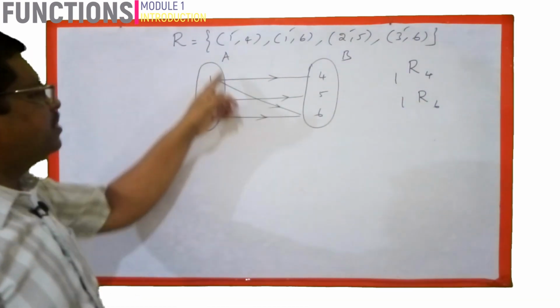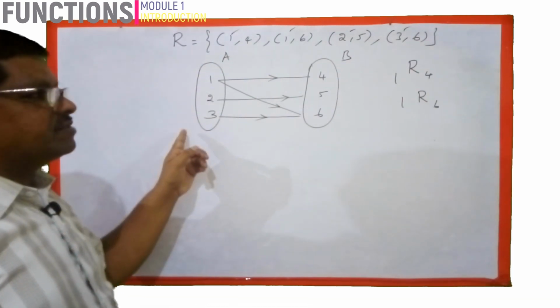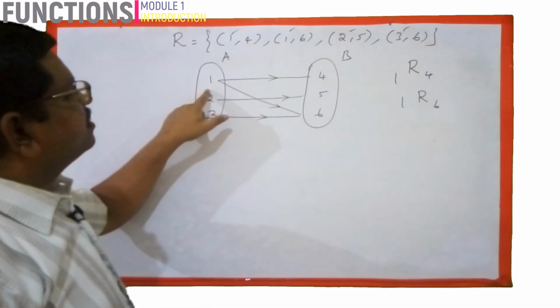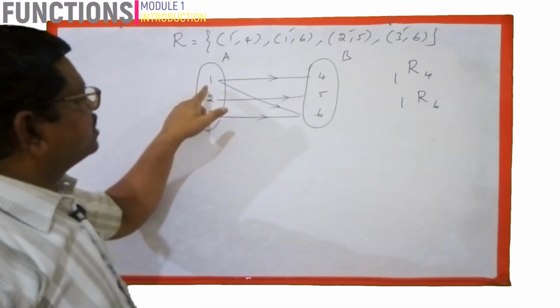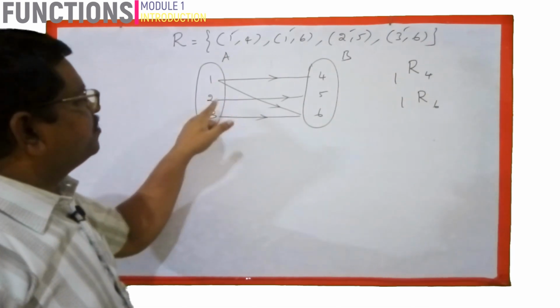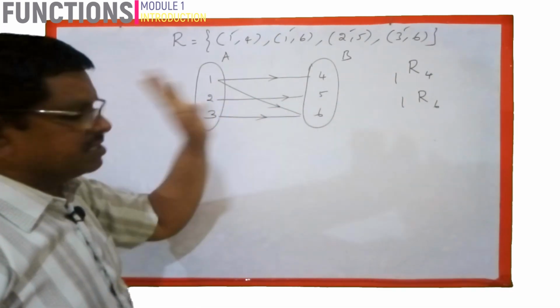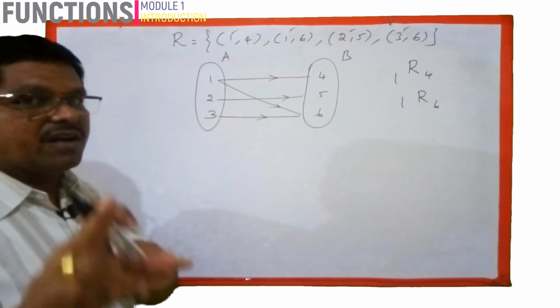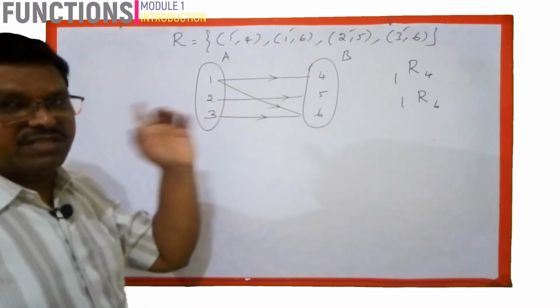So whatever element you take in A, they must have images. Let us check this case. Yes, 1 has the image 4, 1 has the image 6, 2 has the image 5, 3 has the image 6. Yes, the first condition is satisfied here, but we are not calling this a function.